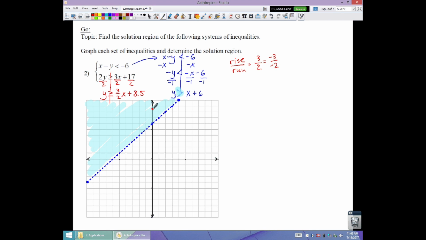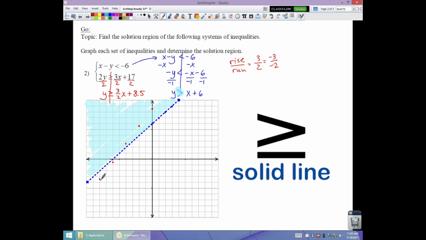So that allows me to say, I'll just go down 1, 2, 3, and left 1, 2. Let's do that again. Down 1, 2, 3, and left 2. Again, down 3, left 2. This one will be a solid line because it has greater than or equal to.